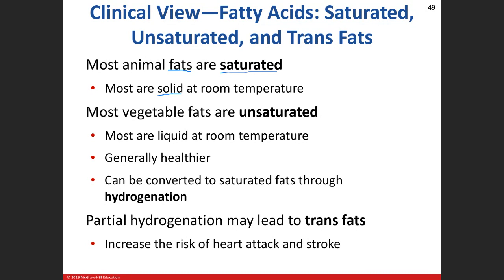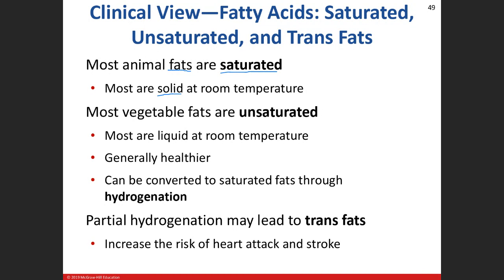That will be bad. Although your circulatory system shouldn't be at room temperature, because room temperature is 70 degrees and your body temperature is much higher than that. When we talk about vegetable fats, we refer to those as unsaturated, and most of those will be liquid at room temperature, and that's why we usually consider those to be the healthier alternative.